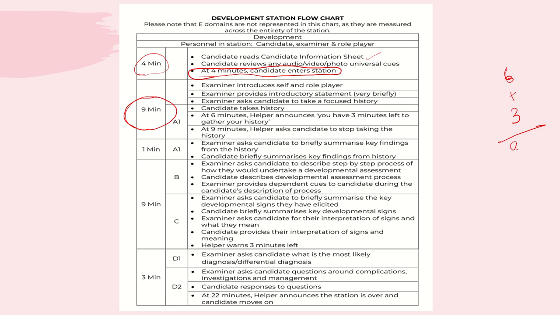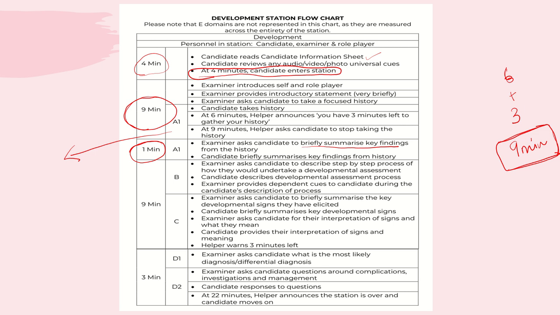So total 9 minutes will be given for the candidate to take the focused history. At the end of the 9 minutes, the role player will leave the room. After that, the candidate is supposed to summarize the findings to the examiner, and 1 minute will be given to summarize the key findings from the history.